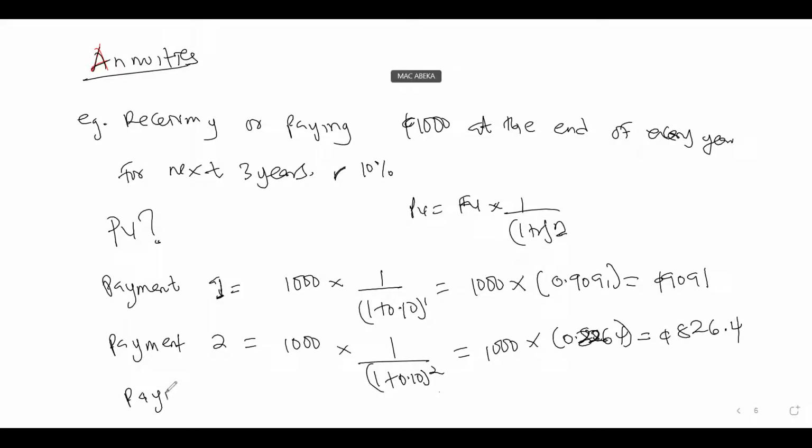Then the third payment, 1,000 times 1 over 1 plus 0.10. Remember, the third payment is in the third year.